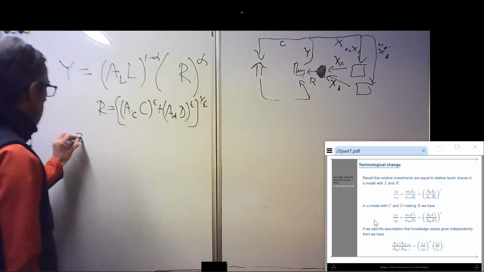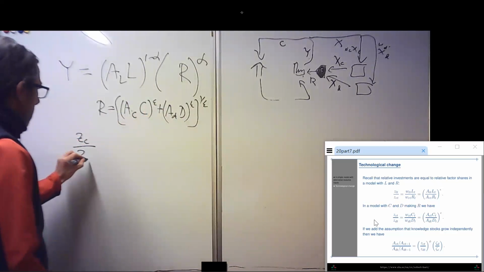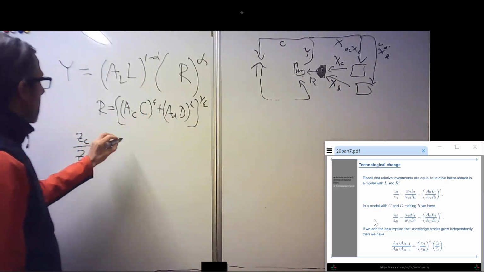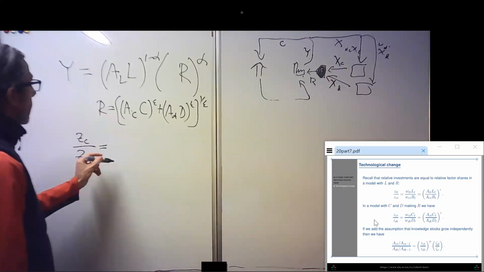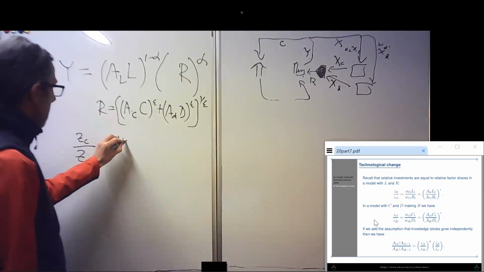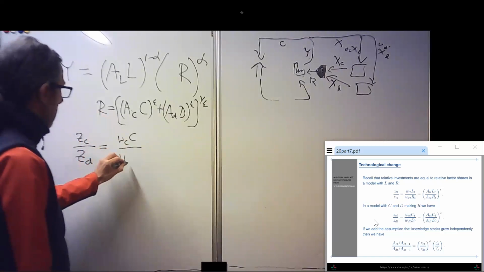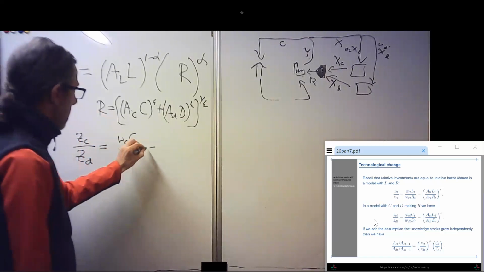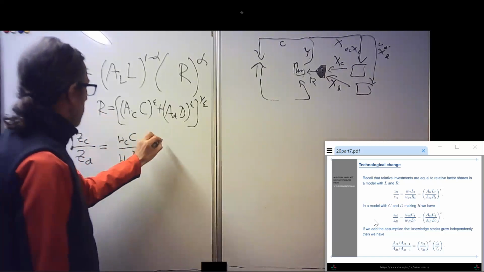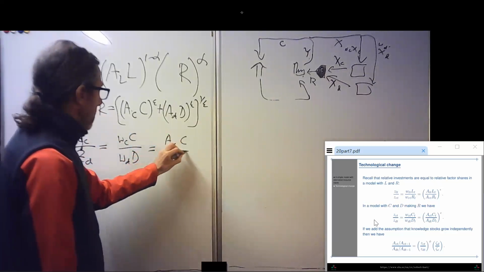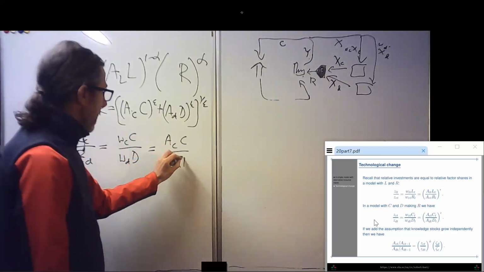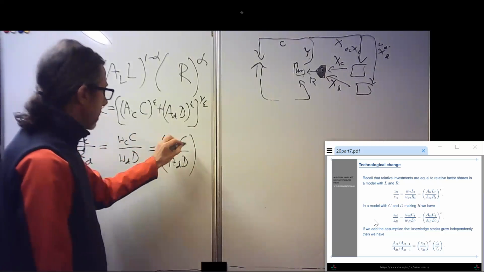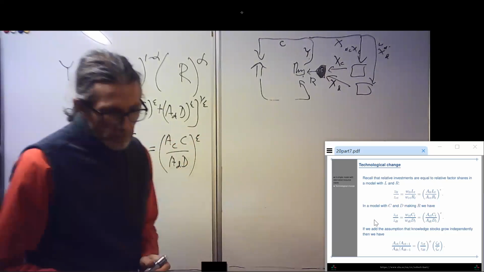We end up with ZC over ZD equal to the relative shares, WCC over WDD, equal to ACC over ADD to the epsilon.